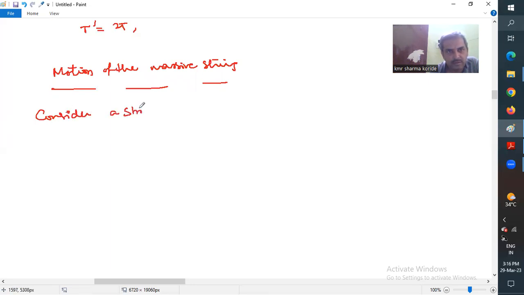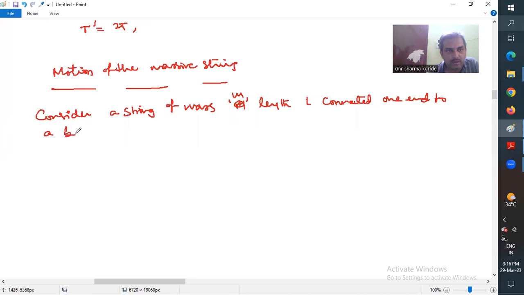Consider a string of mass capital M, length capital L, connected at one end to a block of mass small m, and then force applied at the end of the string.